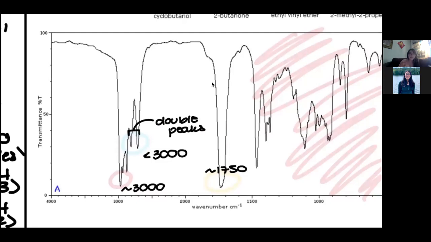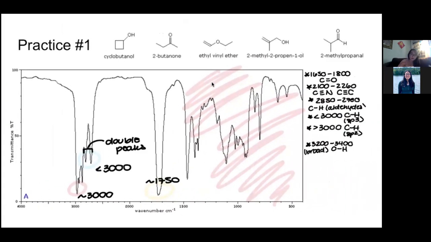And so now that we've done that, we want to go ahead and consult our handy dandy guide over here. Remember, for things above or at around 3000, we're going to say it's probably some form of C-H. C-H sp3s, I think, tend to be the most common in this kind of example.